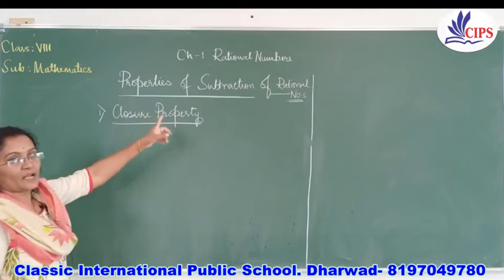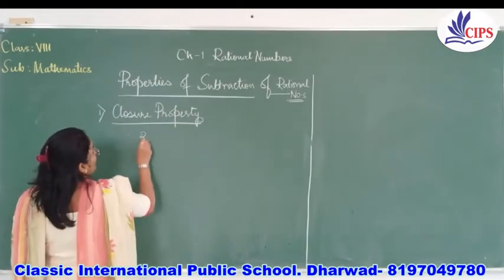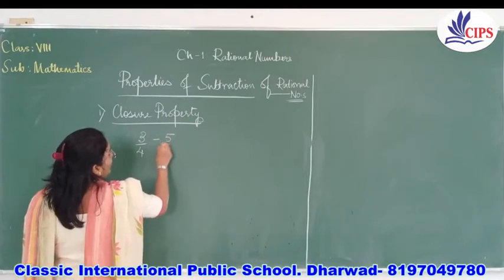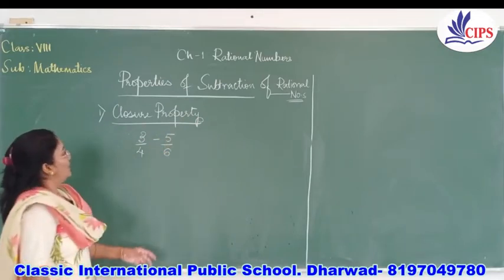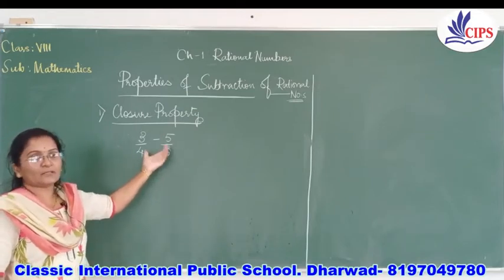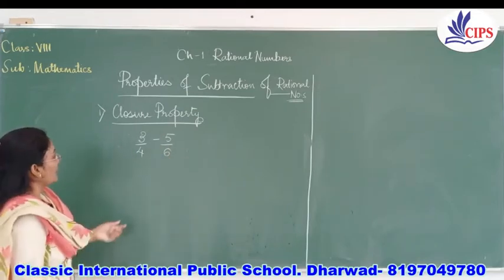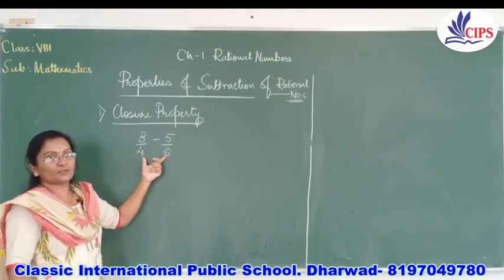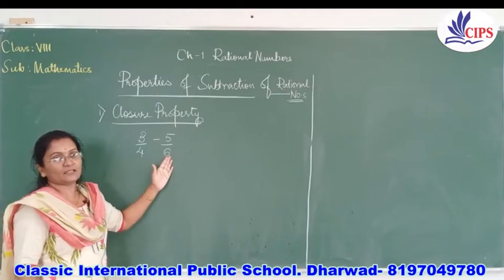As it's for subtraction, I have taken the number 3 by 4 minus 5 by 6. We'll check whether when we subtract two rational numbers, we get a rational number or what. Now to subtract the rational numbers, the denominators are different. Here the denominator is 4 and here it is 6.